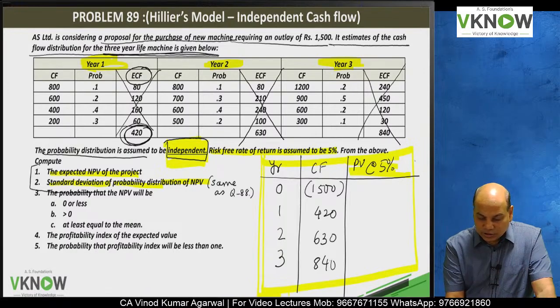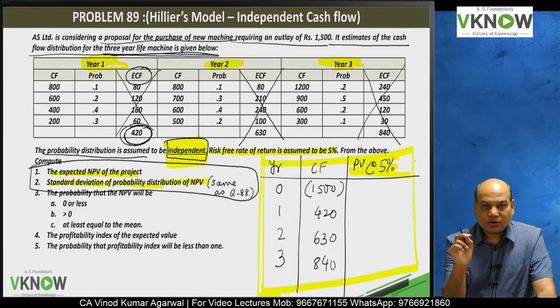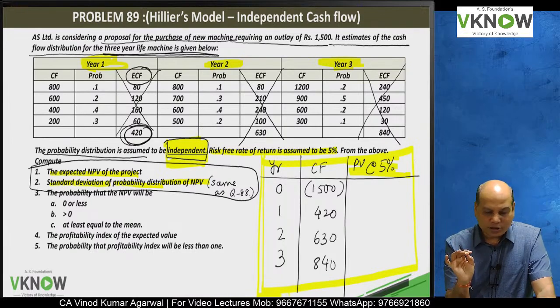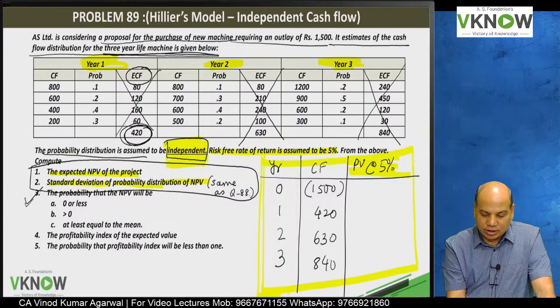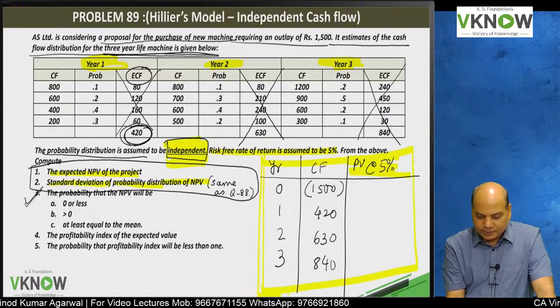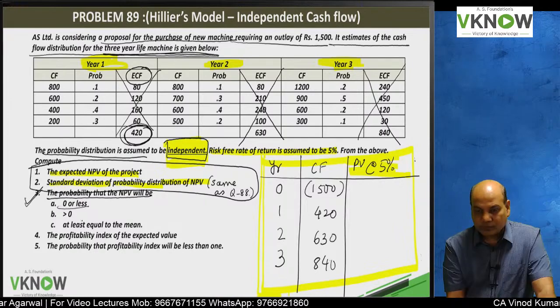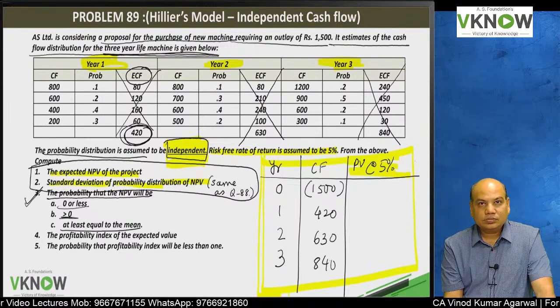First and second question are same as question number 88, but what they have done this time, they have added a few more questions. Find the probability that NPV will be 0 or less, more than 0, at least equal to mean. Okay.